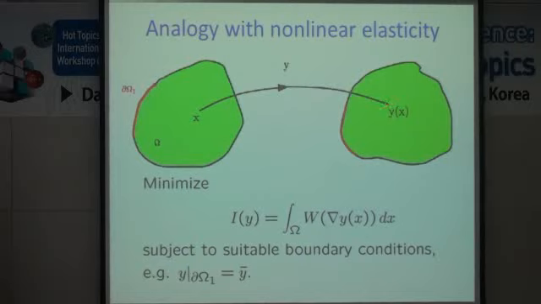So what you have to do is to minimize the total stored energy, or total free energy at a fixed temperature if you like, which is given by an integral of some stored energy function that depends on the gradient of y of x. It's a 3x3 matrix, just as in the Q tensor theory, subject to some boundary conditions. For example, that you specify y on one part of the boundary to be some given mapping, and you perhaps leave the rest of the boundary free.